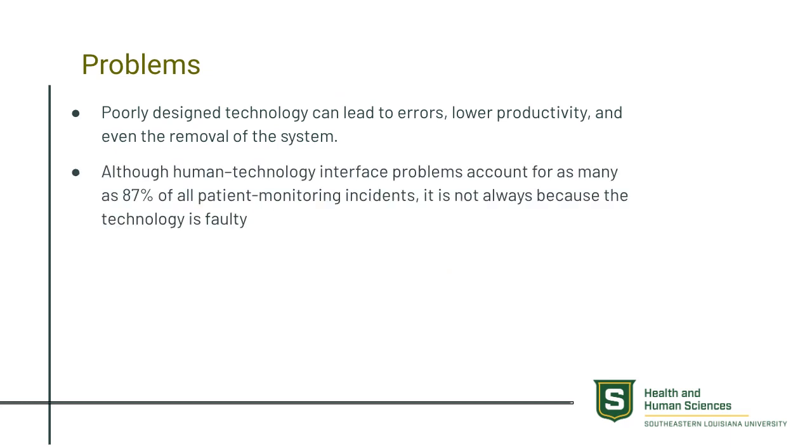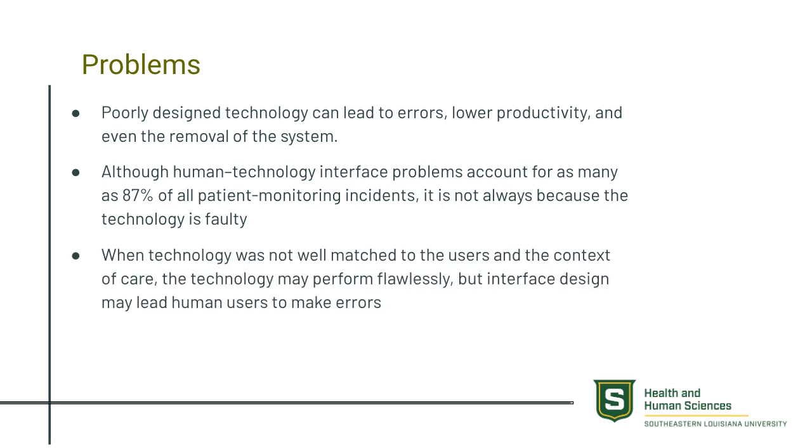But sometimes the challenges that come up from the human technology interface go beyond how well or how poorly the technology was designed. A lot of the problems arise even though the technology is not faulty; the technology is fine. The problem is that it is not meshing well with the humans. There's a mismatch between the users and the context of care, and the technology.